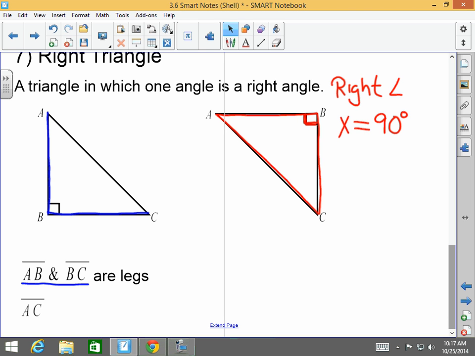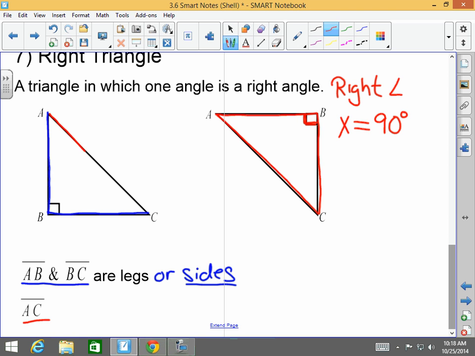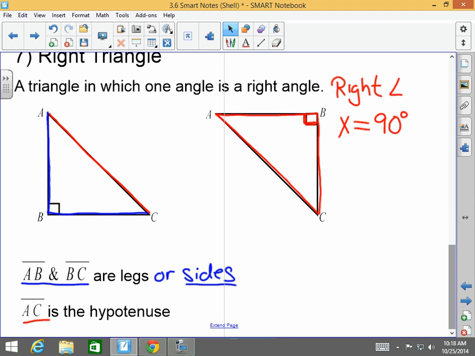No, they are not congruent like an isosceles, but they are called the legs, or sometimes they'll say sides, which is fine. And AC, here in red, is what is called the hypotenuse.